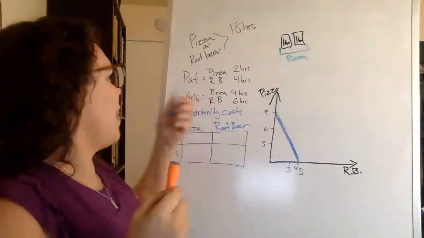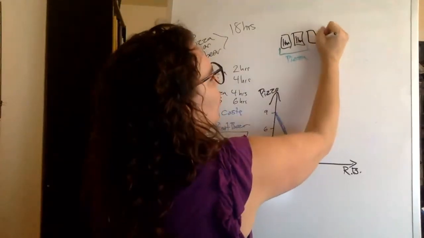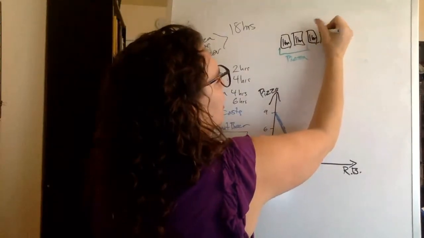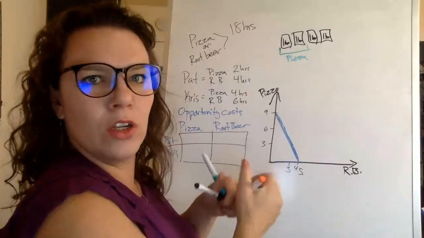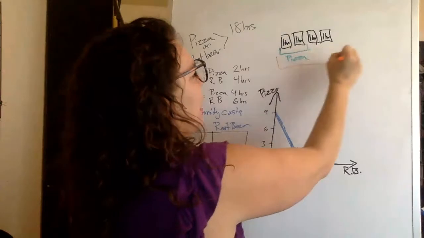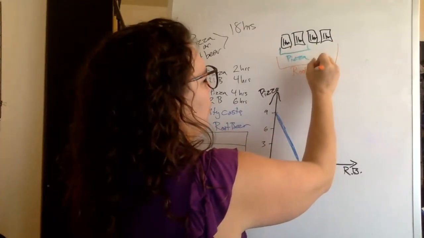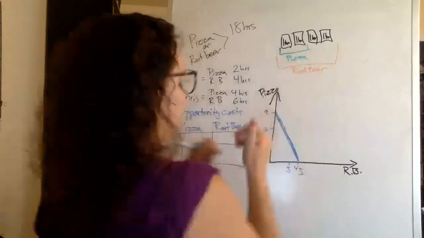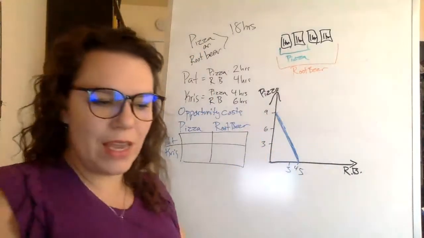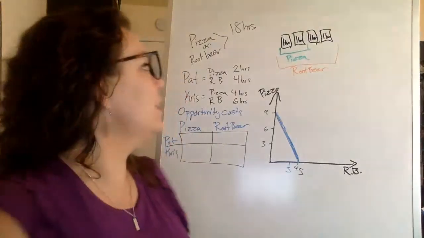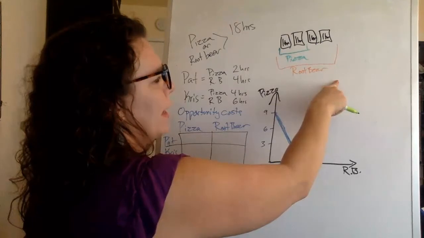But if Pat wants to make a gallon of root beer, Pat has to use 4 hours. Another hour here and another hour here. So that would be how much time it takes for Pat to make root beer, 4 hours. In the time it takes Pat to make a single pizza, Pat can't make a whole gallon of root beer.